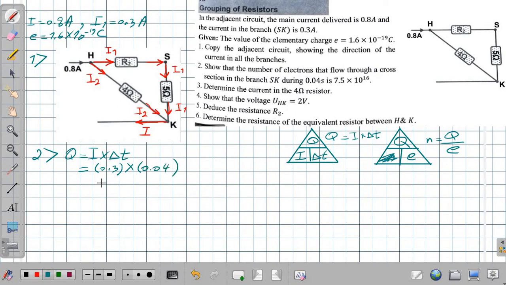After multiplication, we will get that Q is equal 0.012. What is the unit used here? Since the current is in SI unit and also the time is in SI unit, we will get that the quantity of charge also is in SI unit, and the SI unit of the quantity of charge is coulomb.